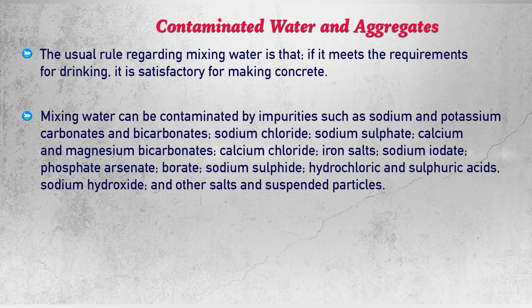Mixing water can be contaminated by impurities such as sodium and potassium carbonates and bicarbonates, sodium chloride, sodium sulfate, calcium and magnesium bicarbonates, calcium chloride, iron salts, sodium iodate, phosphate, arsenate, borate, sodium sulfide, hydrochloric acid, sulfuric acid, then sodium hydroxide and other such salts, and also suspended particles present in the water.